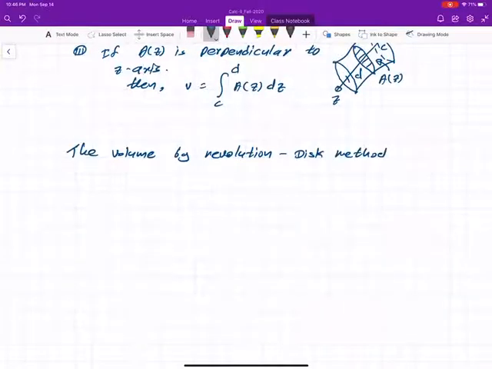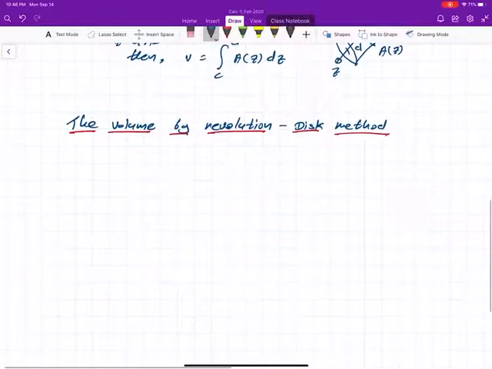This is the disk method. First I write down the note and then I will explain that.